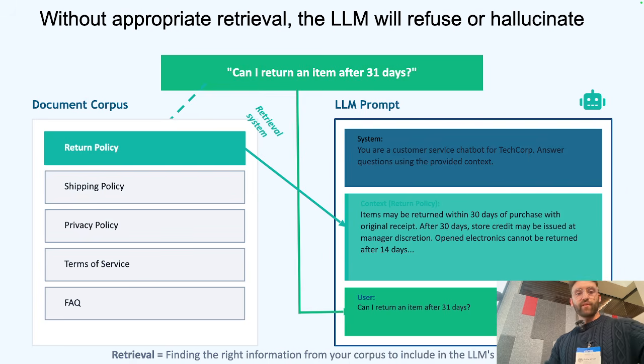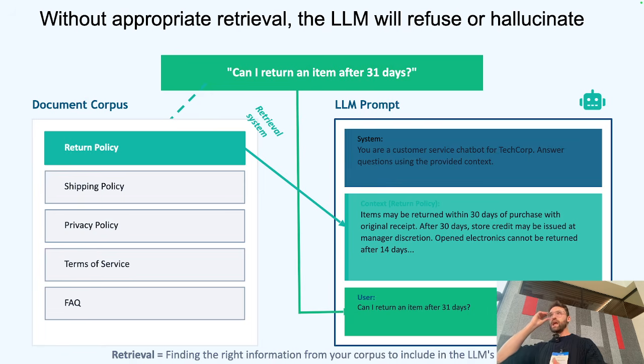So here, basically, retrieval is the process by which we go through our corpus of documents or data about the user potentially that we've collected, and we decide what to include in the prompt that will enable the LLM to perform its task. And if you don't do this right, the number one thing you're going to have is hallucination, and it's going to be super weird, and it's going to be really hard to debug.